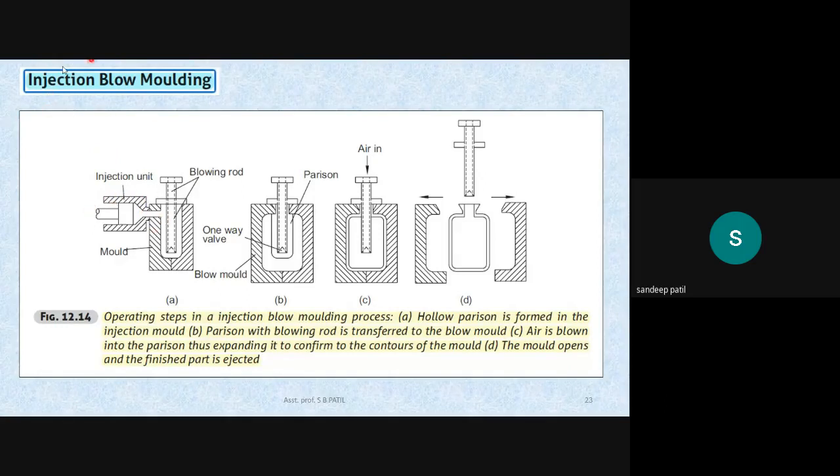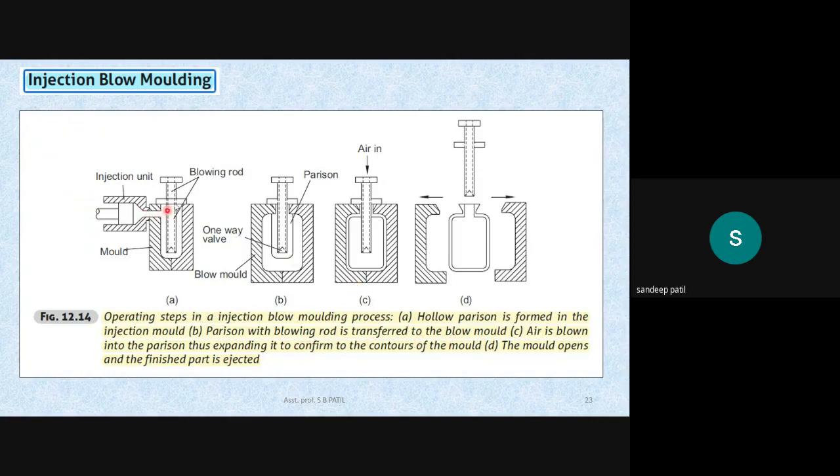In the extrusion blow molding process, the output of the extrusion of plastic is the input to the blow molding, and here also the output of the injection unit is the input to the blow molding. Let us see it in detail. Step A, a hollow parison is formed in the injection mold. Then the parison with the blowing rod is transferred to the blow mold.